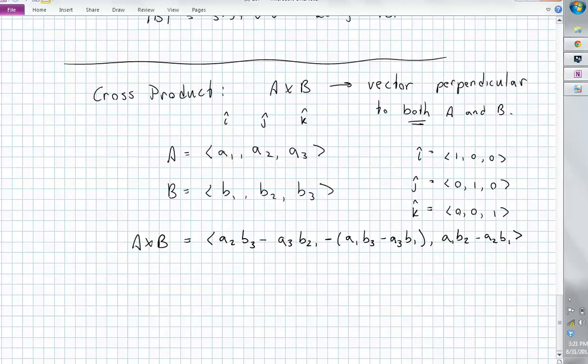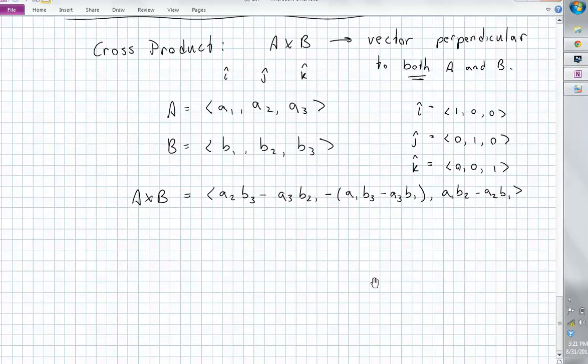I'll do a couple of cross products in a minute. What I'd like to do is derive an identity that is somewhat complementary to the cosine identity for the dot product, and that's the sine identity for the cross product. I'm going to have to get out my notes because I have to remind myself.